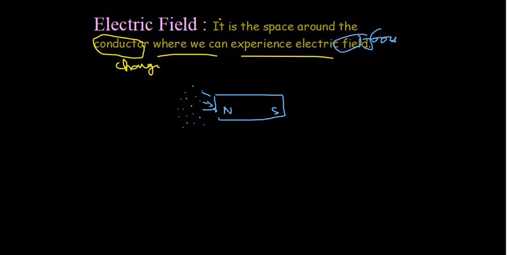Means we observe these metal pieces experiencing a force, they accelerate and move towards the poles, because we know that around the magnet there is always a magnetic field that leads these particles to move. Similarly, we have charges also.